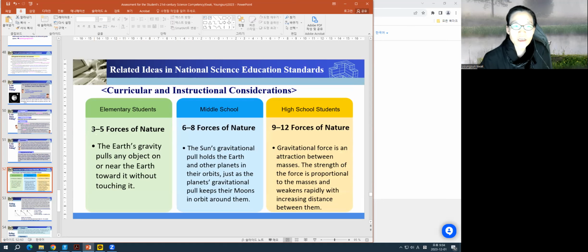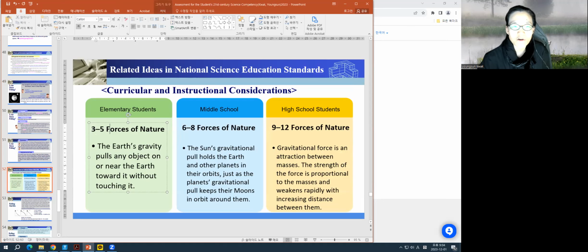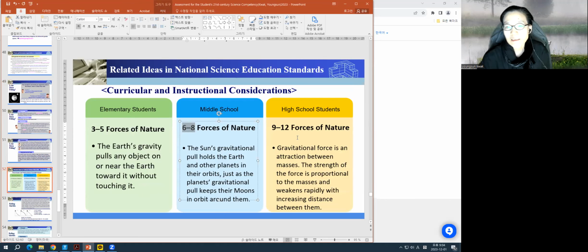This is a grade 3 to 5 level of achievement standards. This is achievement standards for grade 6 to 8. This is achievement standard for high school level. If you go up to high school level, you are talking about Newton's 3 laws and other things.